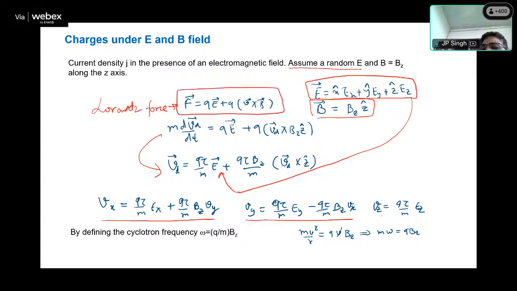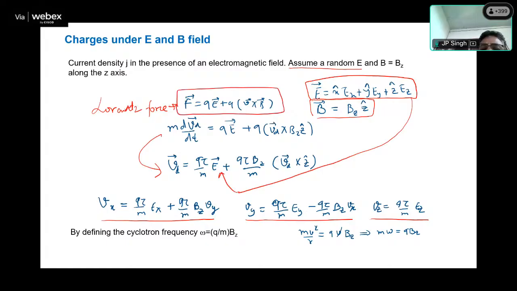I can also write it for z. If it is in the z direction, z cross z is 0, so there will be no magnetic field component here. So we get 3 equations which correlate the drift velocity. It means if I have charged particles moving under an electromagnetic field, they will have drift.